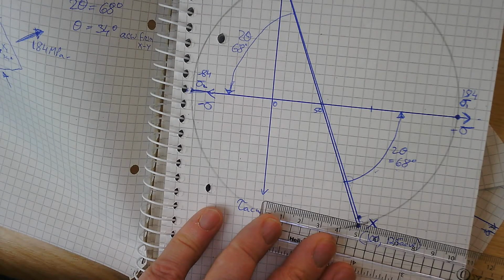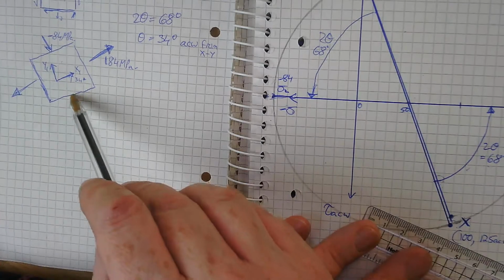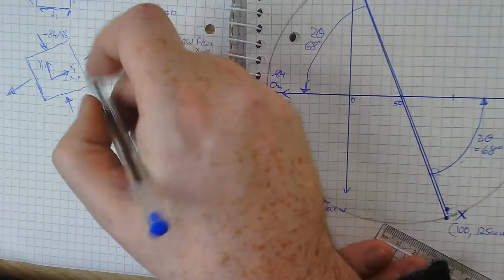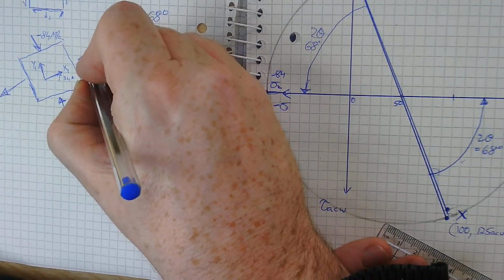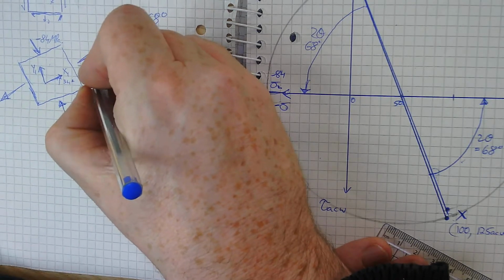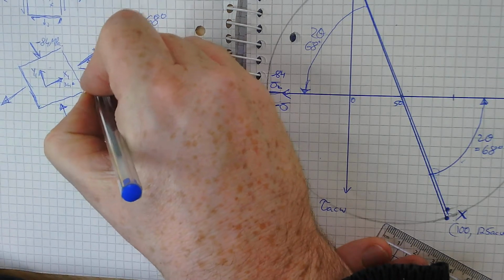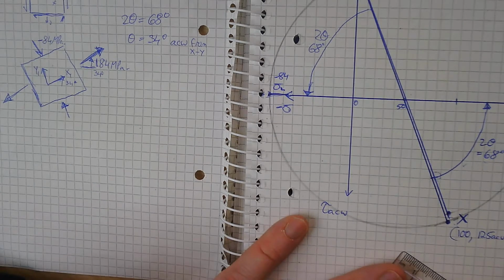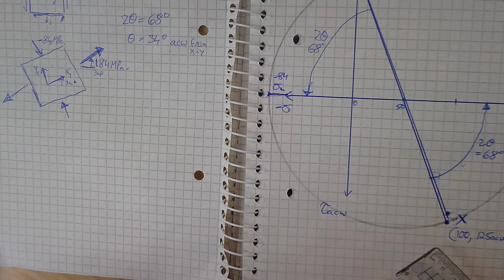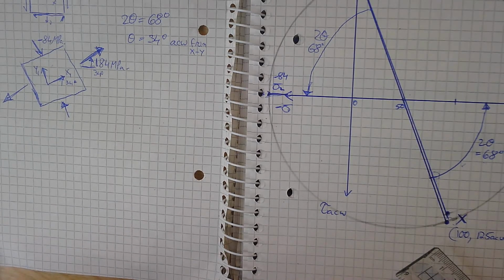Do you mean this one here? The x-axis, yeah. That 184 megapascals is at 34 degrees anti-clockwise from my original x-axis. And it's a combination of shearing or bending. I'm not sure what you mean.